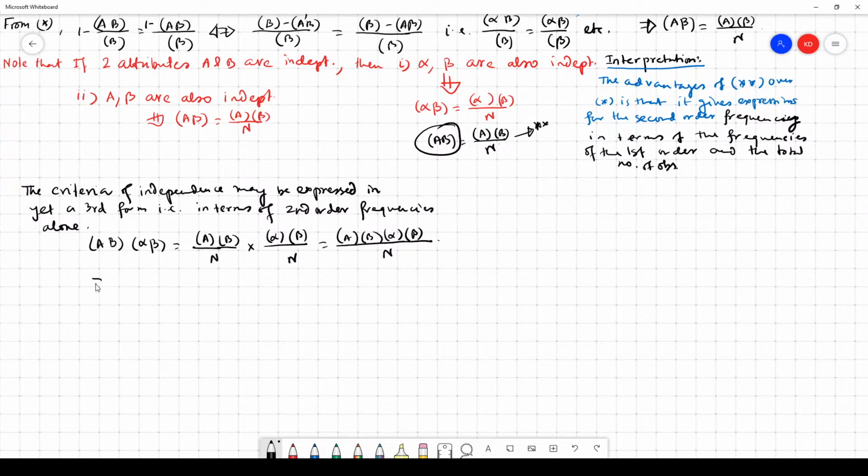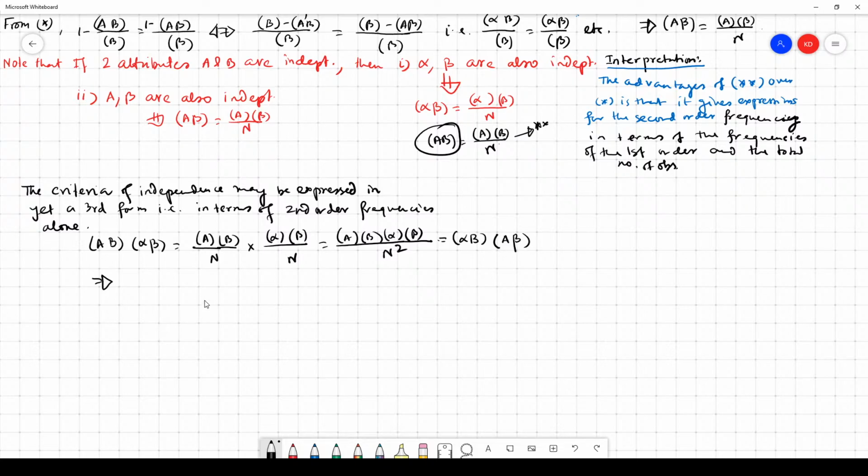So this implies capital N square, sorry. This is again, I write this thing as alpha B, capital B, A beta.